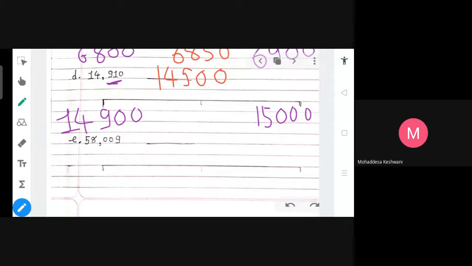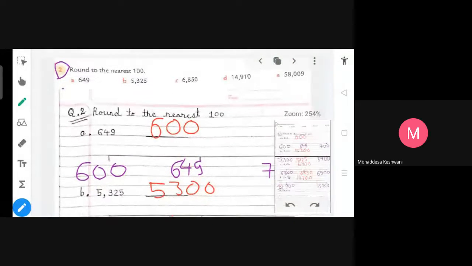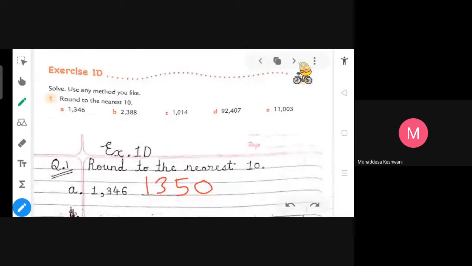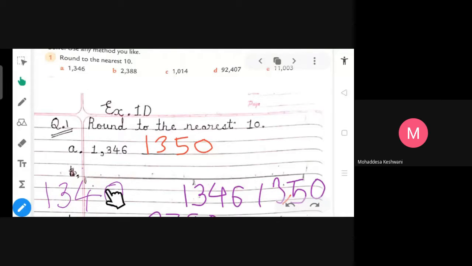I had joined. So we were doing this one yesterday. We have completed round to the nearest 10. Then even in 100, I have explained. Still I'm revising, so listen carefully. Whenever we solve round to the nearest 10, whatever the question is, you have to see in the before number which number has 10 and is nearest, and write that before number here.